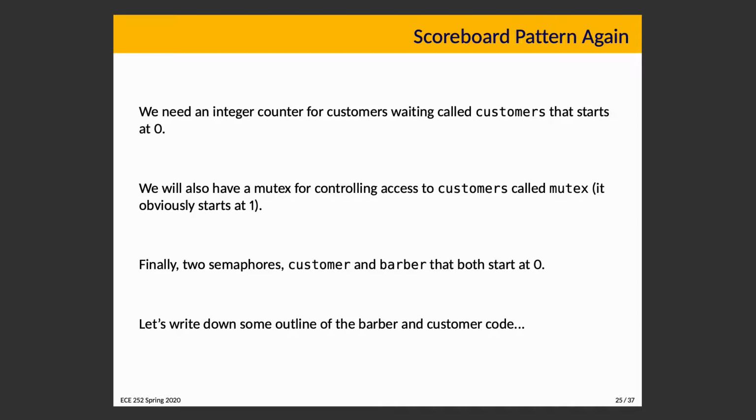And again, each customer wants to update this counter, so its shared data has to be protected by mutex, straightforward. And we'll have 2 semaphores, customer and barber, that are going to be used for the customer and barber to communicate with one another. Okay, so let's write down a brief outline of this code.